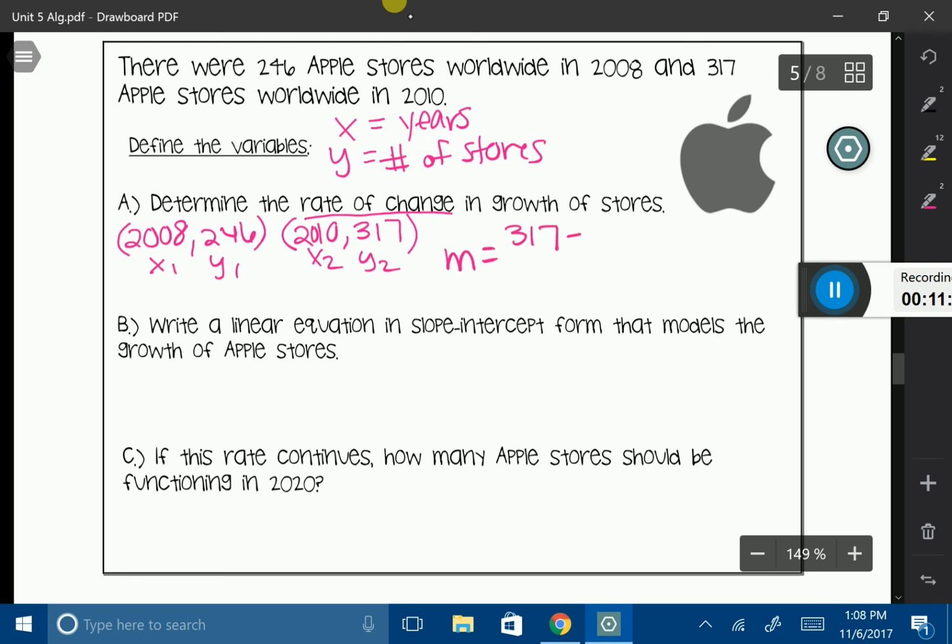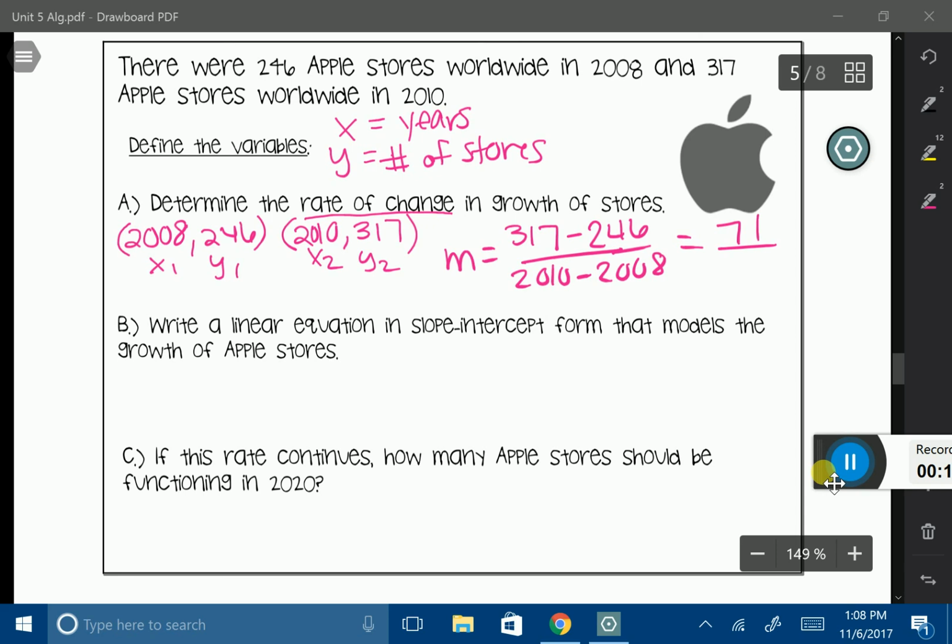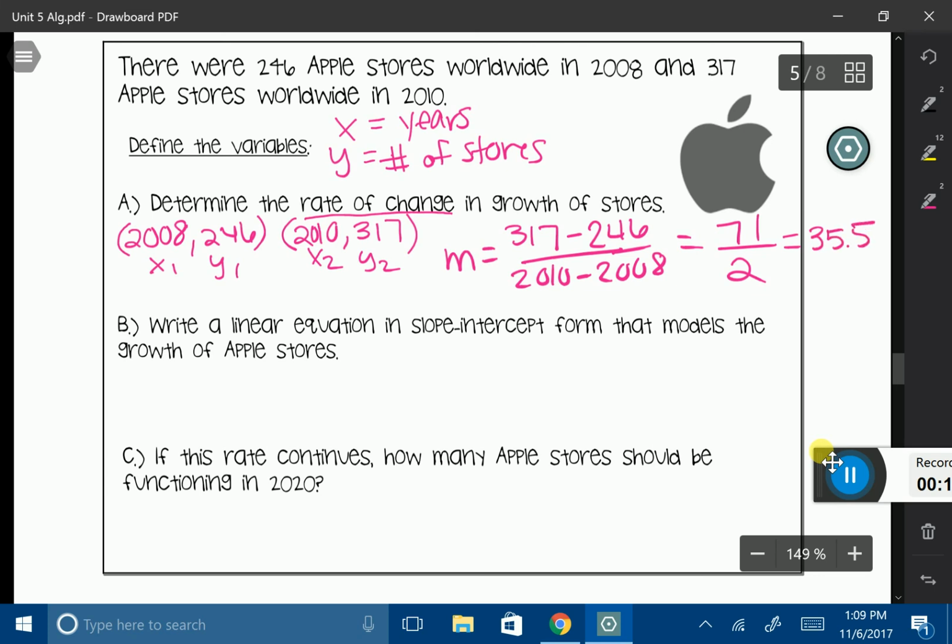317 minus 246 over 2010 minus 2008. Okay, let's go ahead and simplify this. 317 minus 246 is going to give me 71, and that's going to give me over 2. So if I simplify that down, my slope is going to be 35.5.